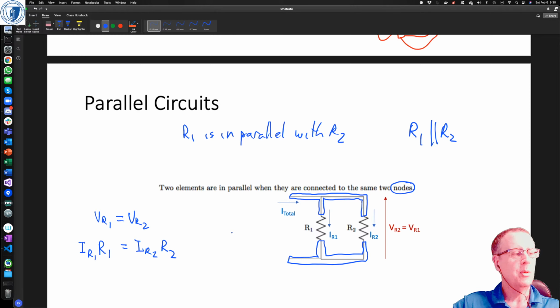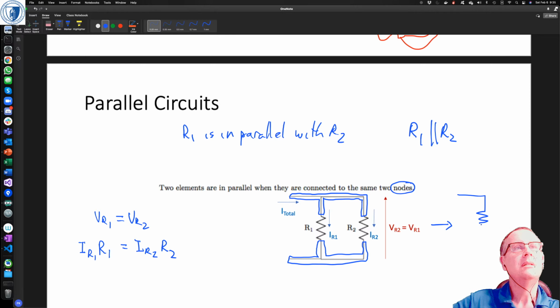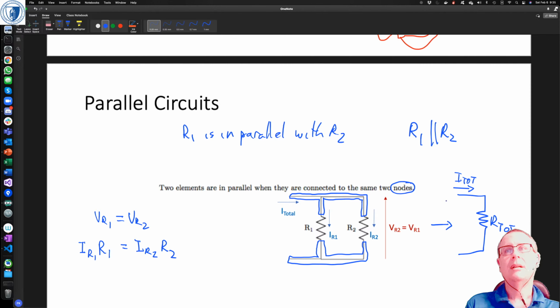What we want to do is produce a circuit like that, where we've got an R total and we have an I total. Okay, so how do we do that?